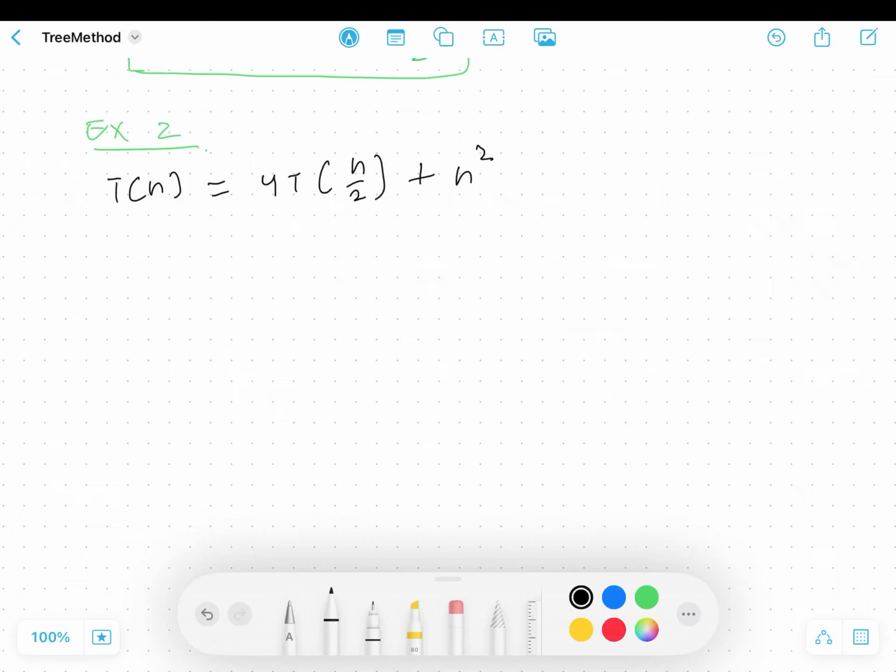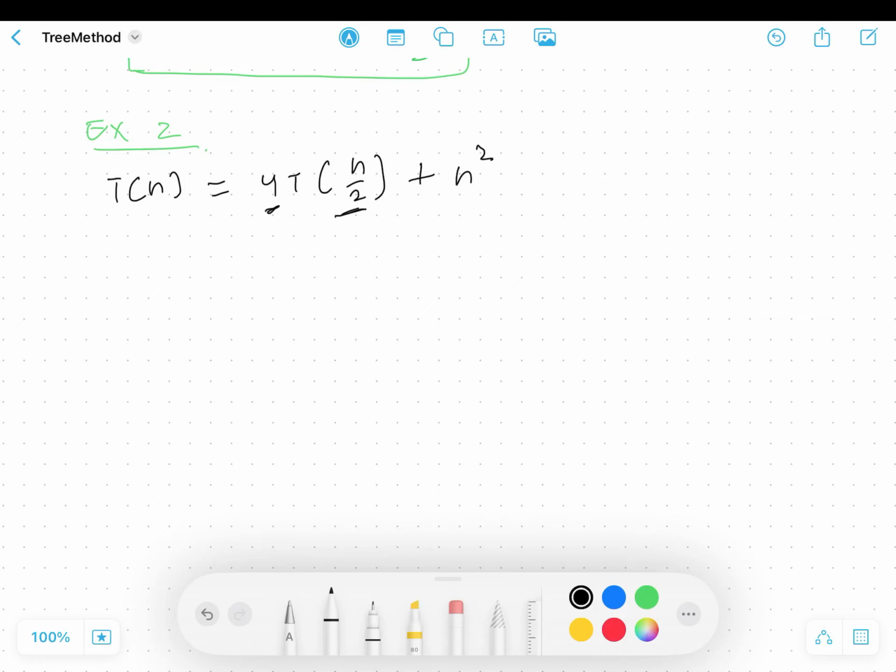So if we see, the problem is being divided in half, but we are calling the recursive function 4 times. 4 times in half, right? So let's see how this goes.